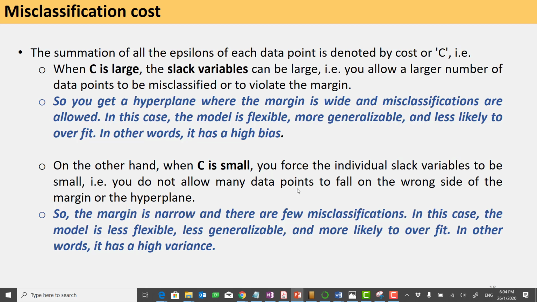The margin is narrow and there are few misclassifications, but the model is less flexible, less generalizable, and more likely to overfit. So in other words, it's a high variance. This is how you have control of C, and control of epsilon, which is the error control.